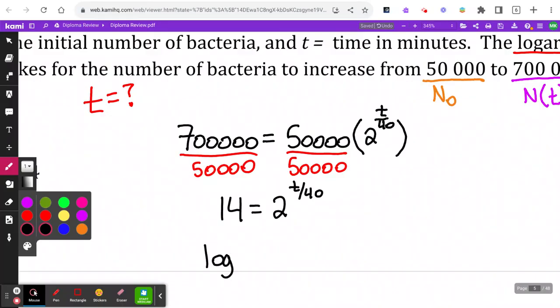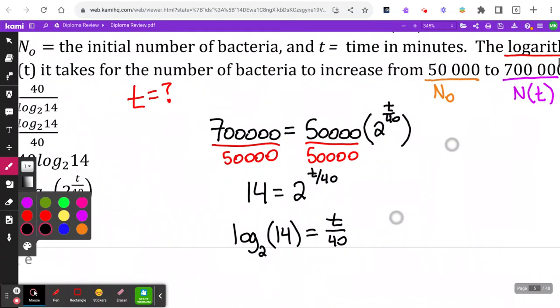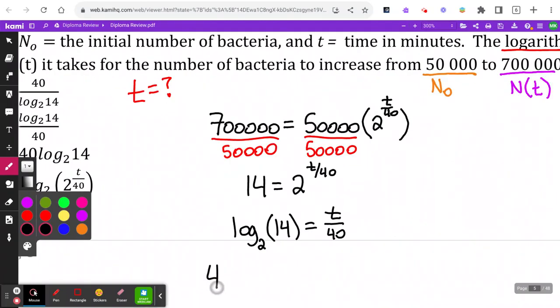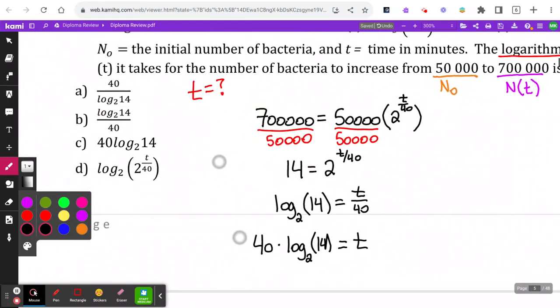It's log base 2 of 14 equals t divided by 40. Multiply 40 to the other side. Time as an expression of logs is 40 times log base 2 of 14. If I look, oh, that is an answer.